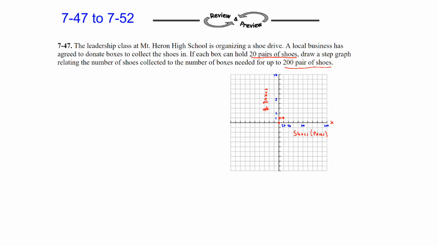And then at 20 pairs of shoes, once you get to 21 pairs, that's going to move up to 2 boxes. When you get to 40 pairs, or 41 pairs actually, it's going to move up to 3 boxes. And then this just continues, and you see the step function that is occurring.